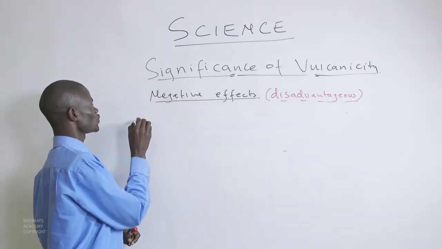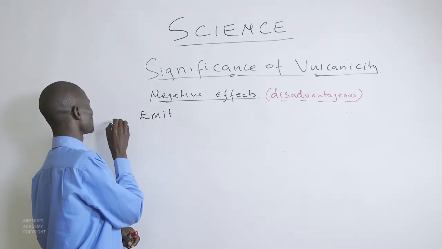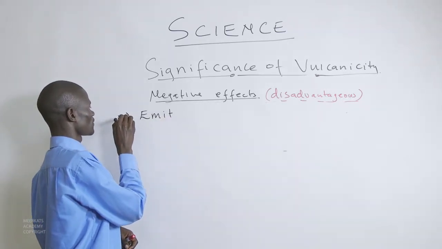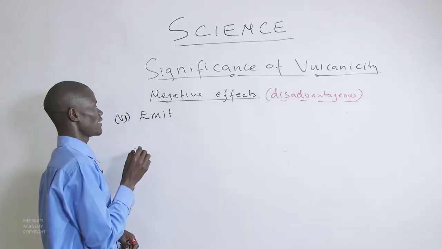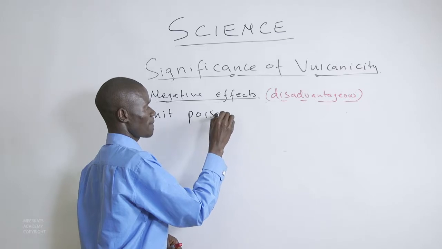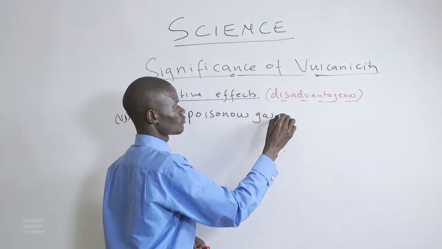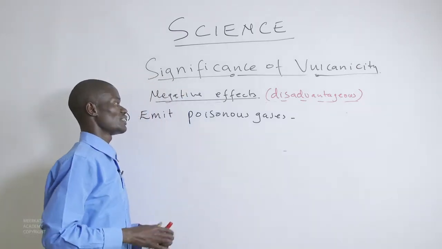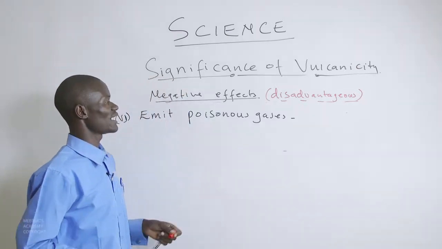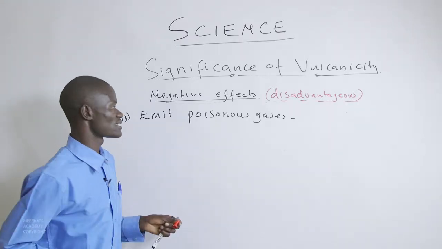Volcanic mountains also emit poisonous gases. This one is number 5. They emit poisonous gases. Once these poisonous gases are inhaled, they may cause respiratory diseases.